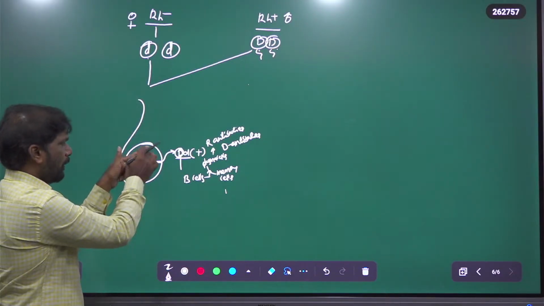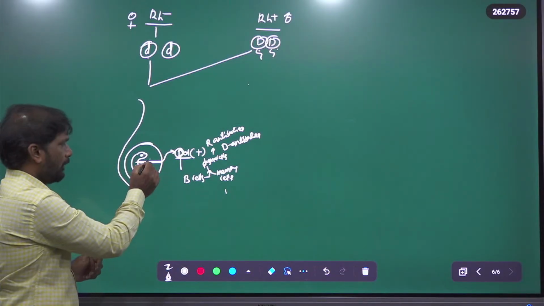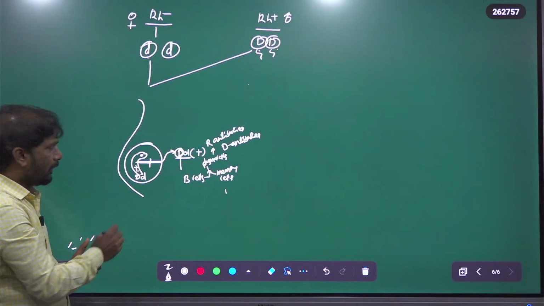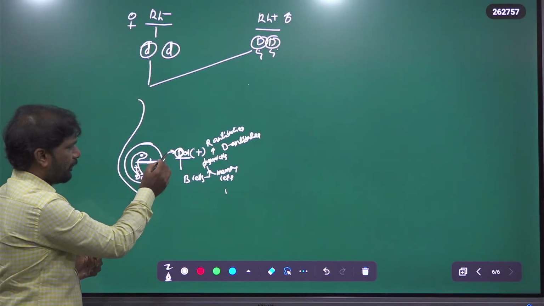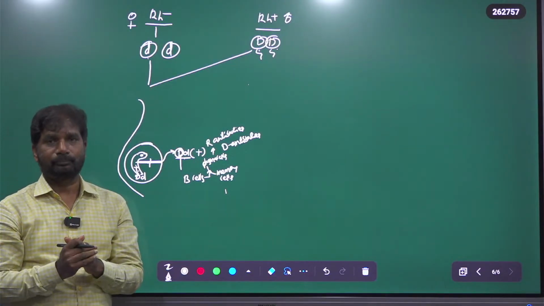At the time of parturition, when the placenta is ruptured, these Rh antigens enter the mother's blood circulation.